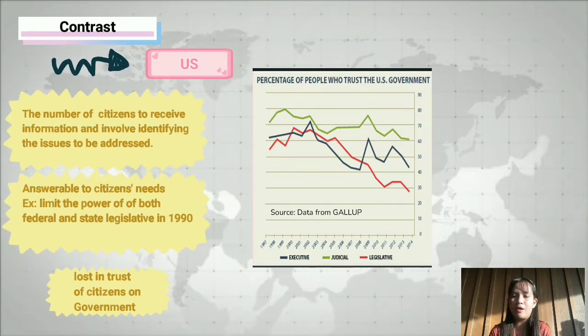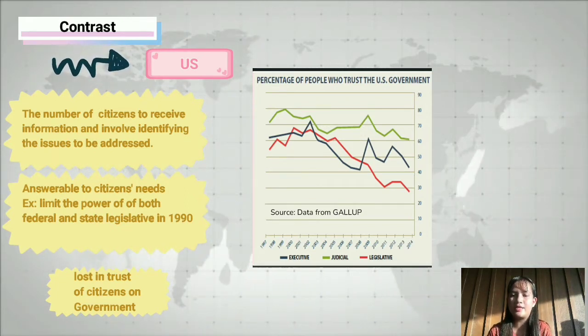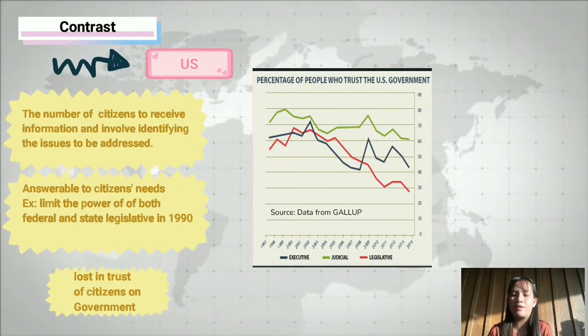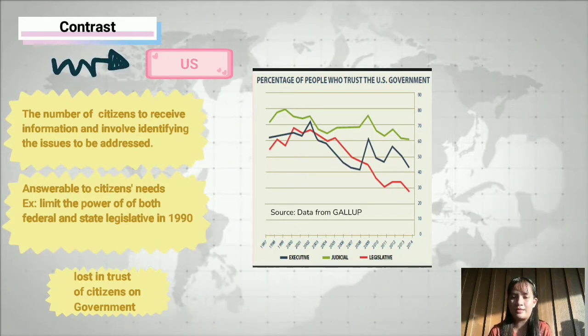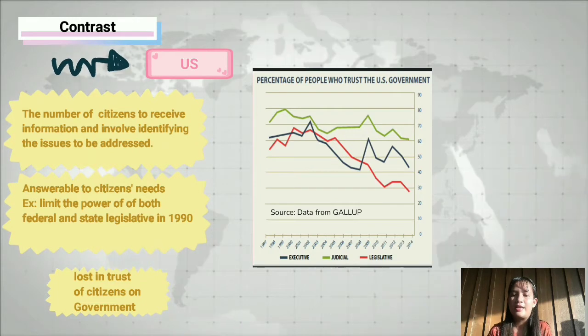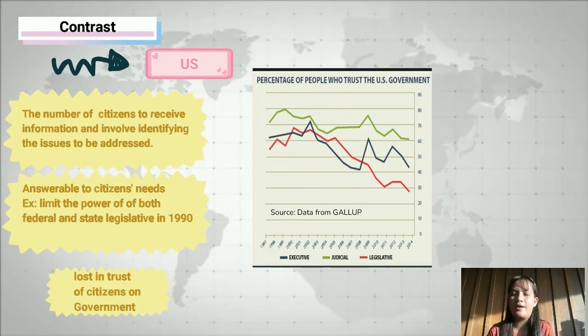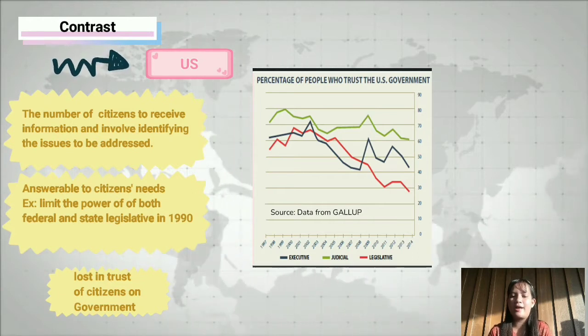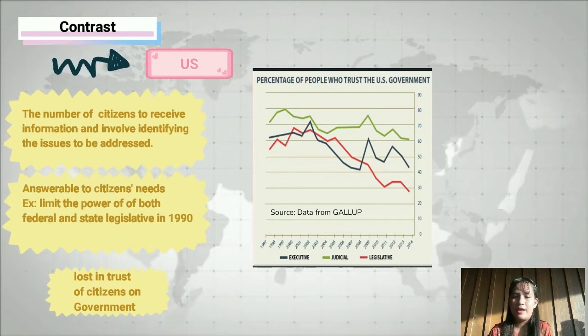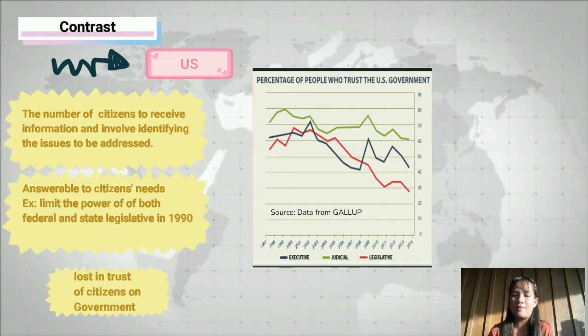For example, in the early 1990s, a national movement was designed to check the powers of the legislature, which came in the form of citizen-imposed tax and expenditure limits. Now 30 states have adopted such tax or expenditure limits, and currently there is also a loss of interest of citizens in government.